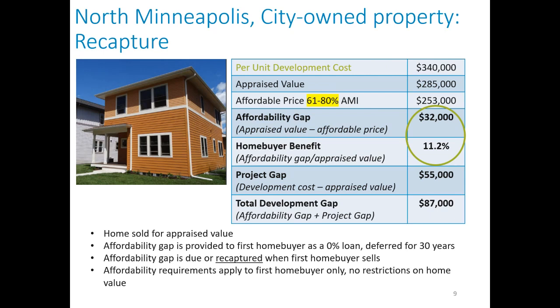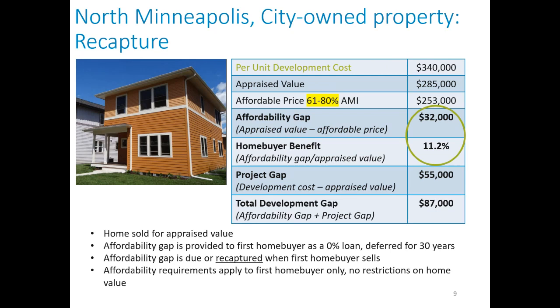So recapture provides a home buyer benefit of less than 15% to the home buyer, and generally speaking it works in North Minneapolis because the values of the homes tend to be lower than in higher priced areas. So the amount of affordability gap subsidy that's required to make it affordable to an income eligible household isn't quite as much.